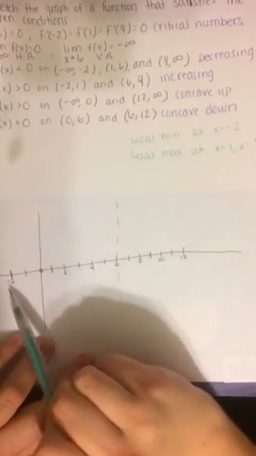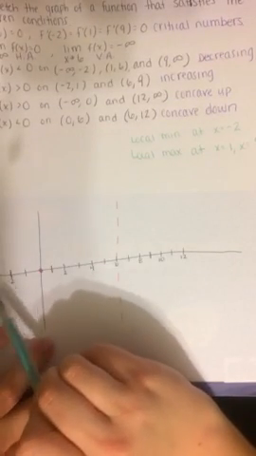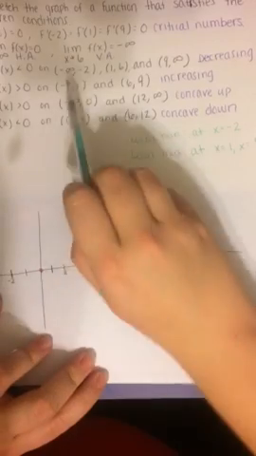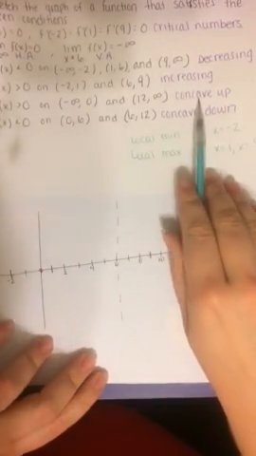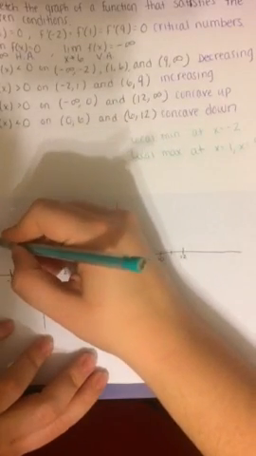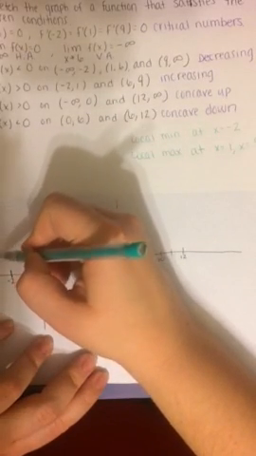So anything before -2 is going to be decreasing and concave up. So that's going to look like this.